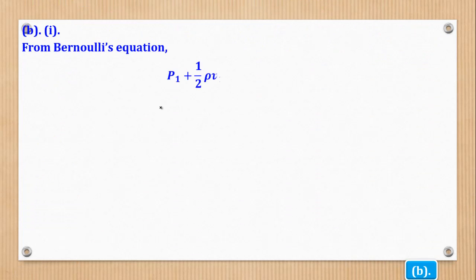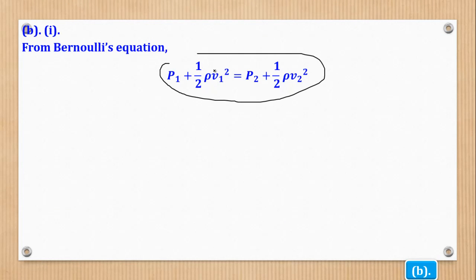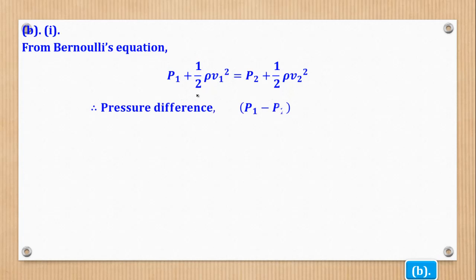So from Bernoulli's equation, this is what we have for horizontal motion. If there was vertical motion, then there will also be potential energy per unit volume. So for the pressure difference, you bring this on this side and bring this on the other side. So you come up with this equation.